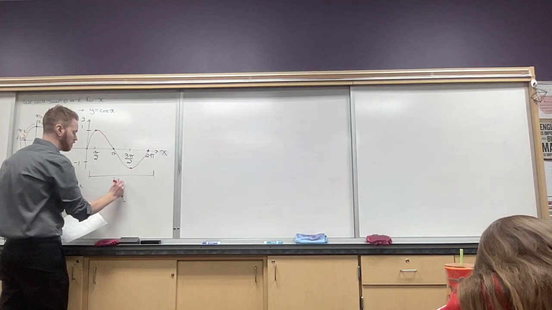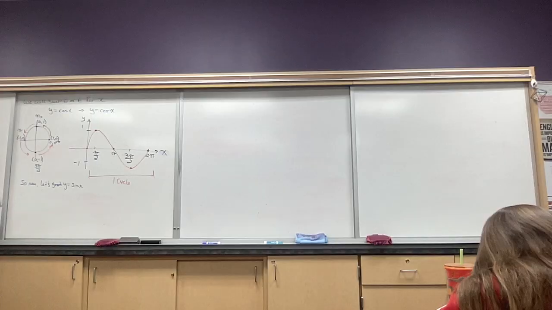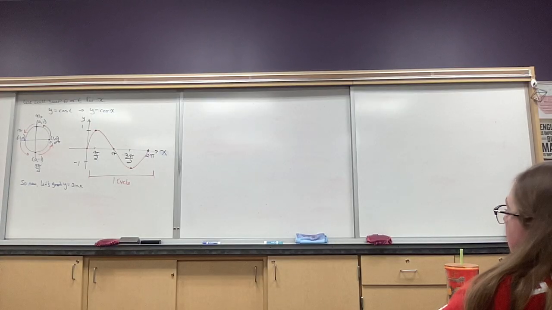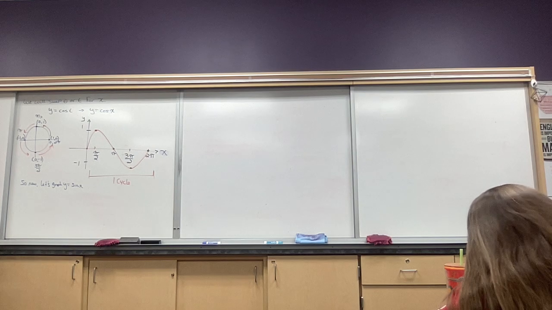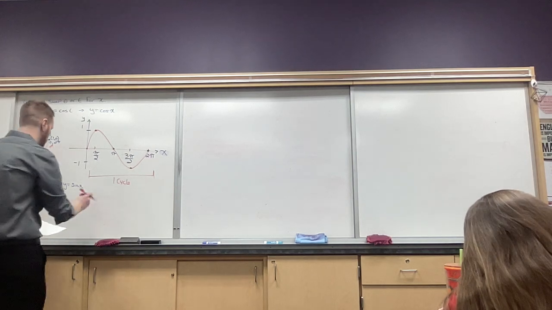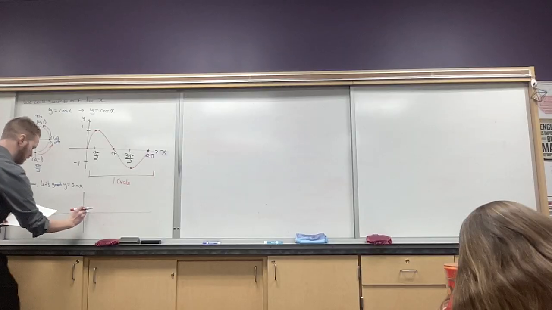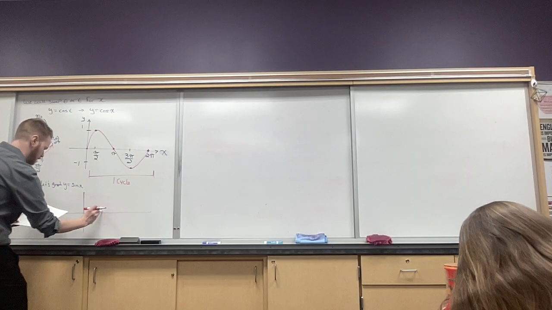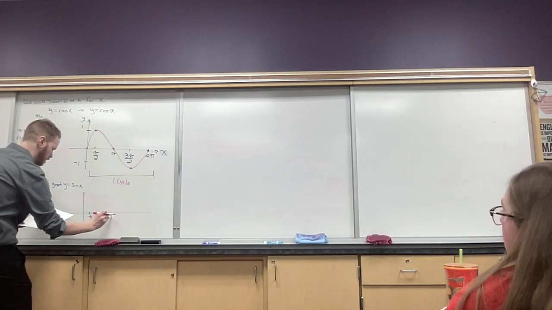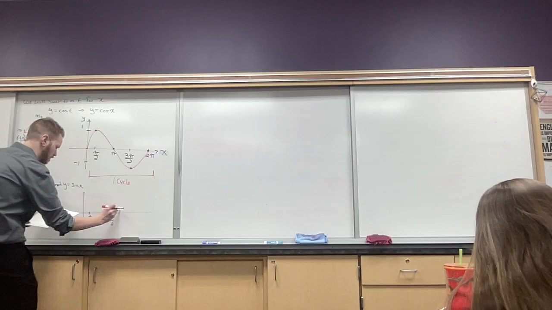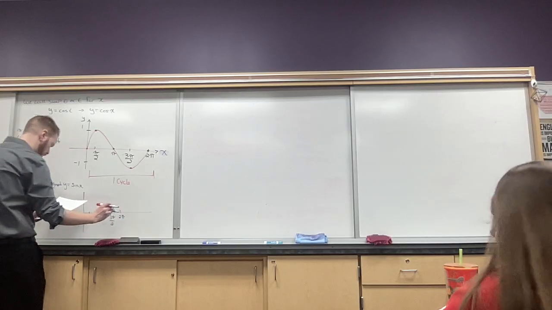Okay. Now, this is one cycle. Okay? Now, what do I mean by one cycle? Could I continue the graph? Could I just keep going forever with it? Absolutely, right? Okay? So for example, I'll put this underneath. Let's say I went beyond 2 pi.